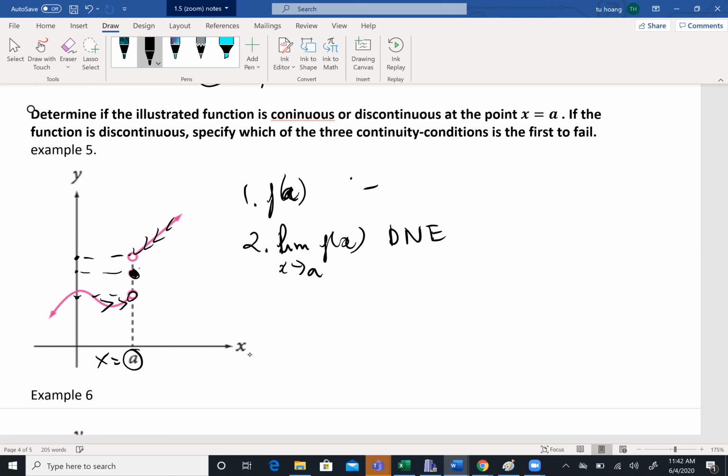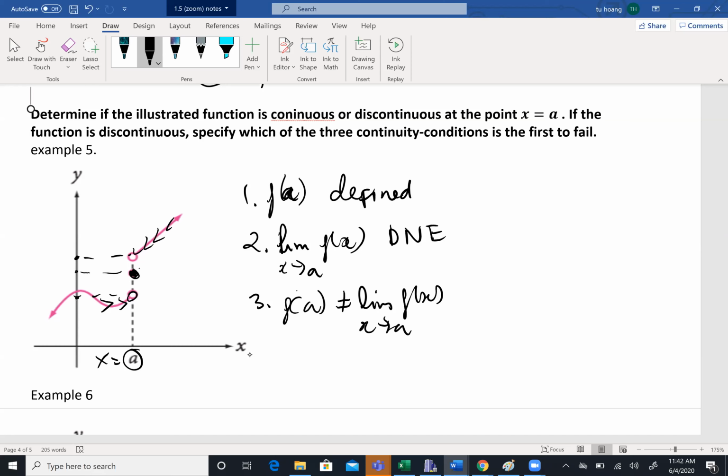For f(a), defined is okay, but I'm just going to follow the three conditions. And the last one, they are not equal to each other: f(a) is not equal to the limit of f(x) when x goes to a, because the limit does not exist, so we cannot make them equal.